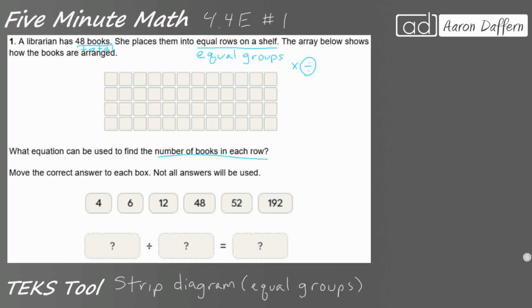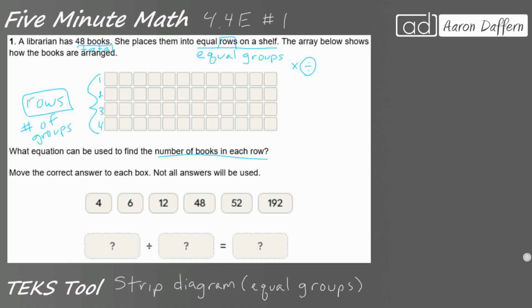Take a look. So equal rows on a shelf. Okay, so our rows, these are our rows right here. So this is going to be our number of groups. And so we can look at it as row 1, row 2, row 3, row 4.